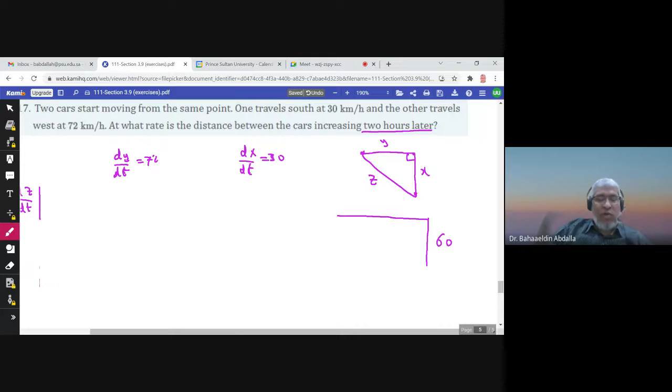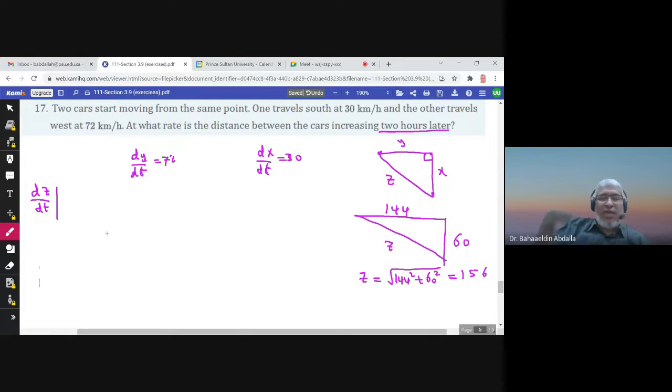So after 2 hours, y would be 144. And at that time, after 2 hours, we can find z. Z would be 144 squared plus 60 squared until the square root. And the answer would be 156.